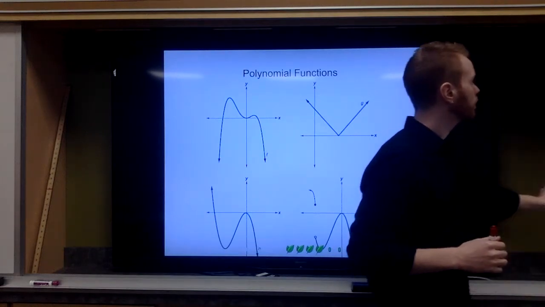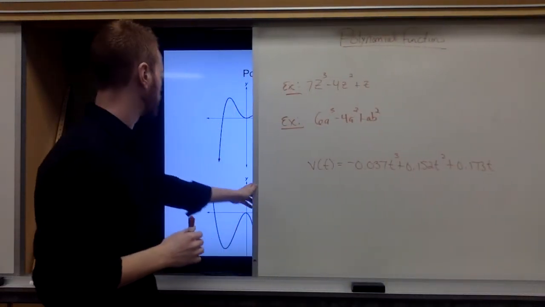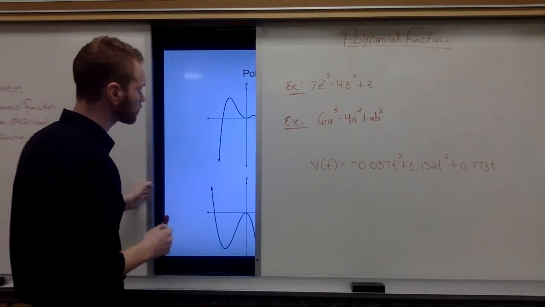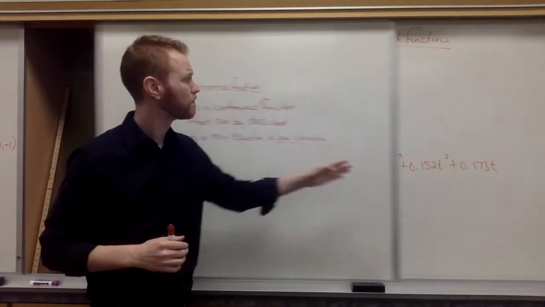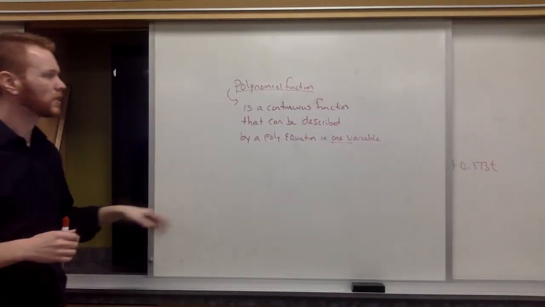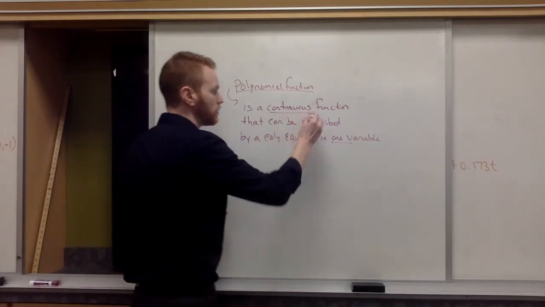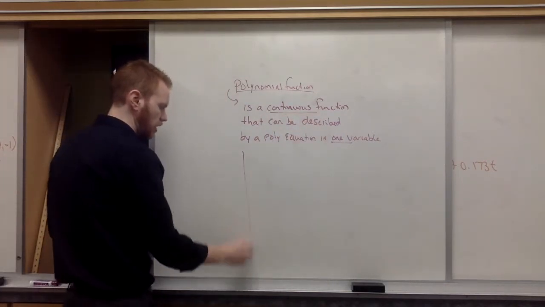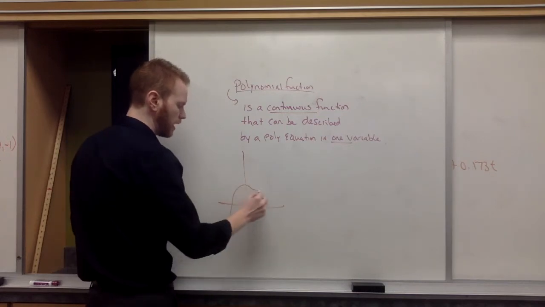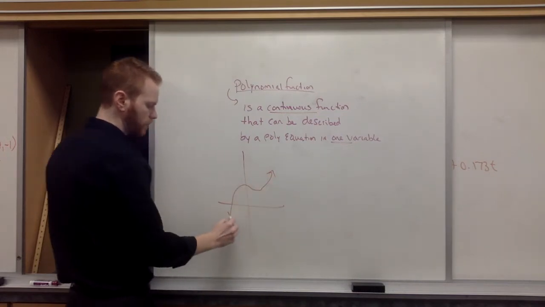First things first, what is a polynomial function? Which I'm glad you asked. A polynomial function is a continuous function, and this is important. It has to be continuous. There's no breaks. So I have some sort of function that just continues going on forever, like this.